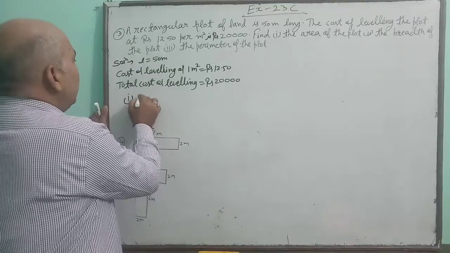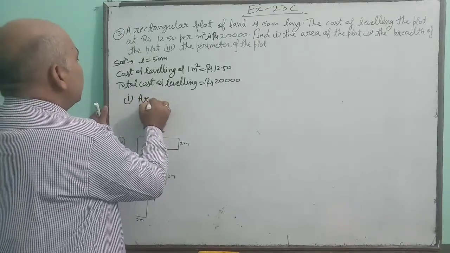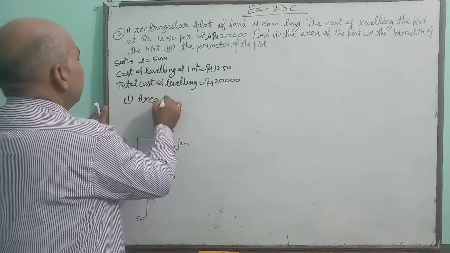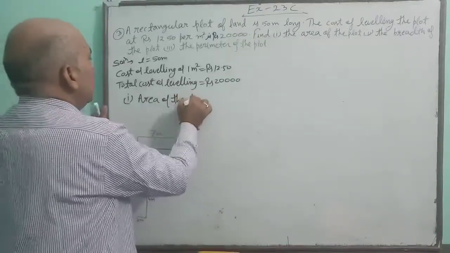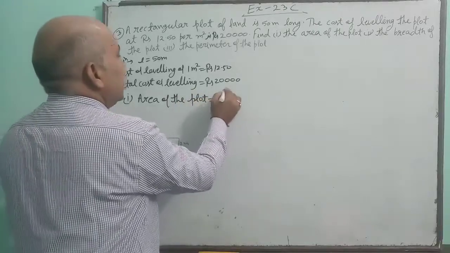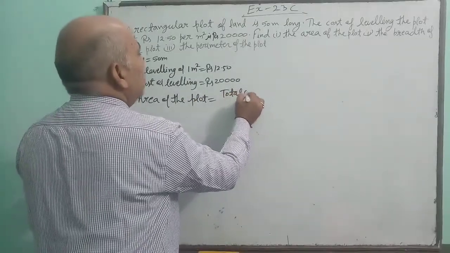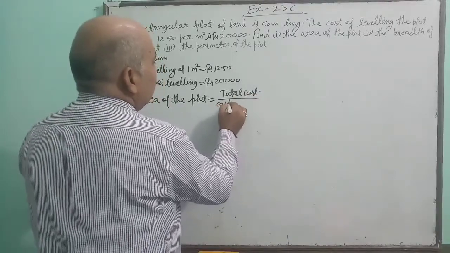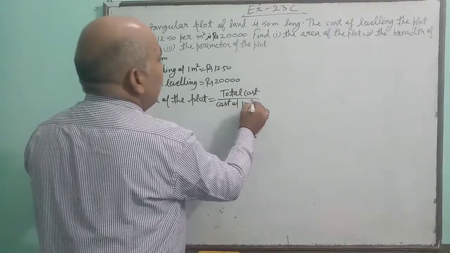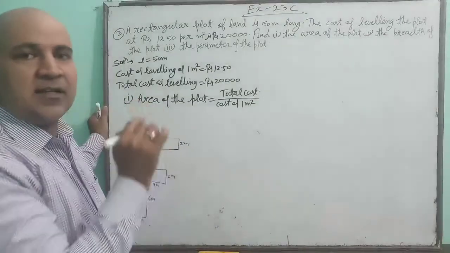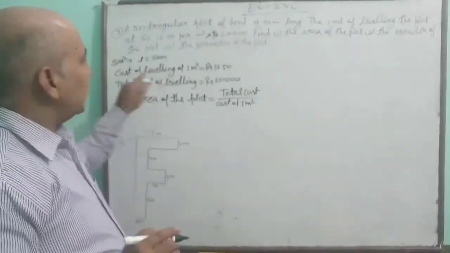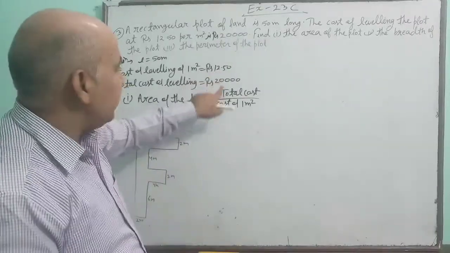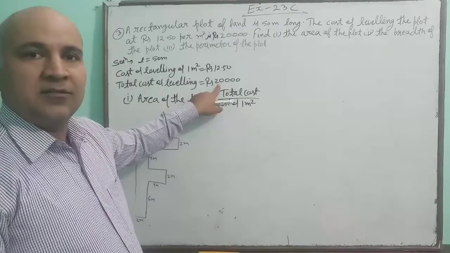Understood? How will you find the area of the plot? Area of the plot will be total cost divided by cost of 1 meter square. This is the concept in this question. Because cost of 1 meter square is this, then cost of how many meter square will be 20,000?